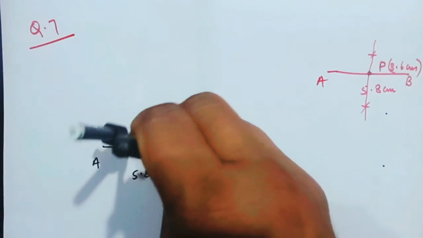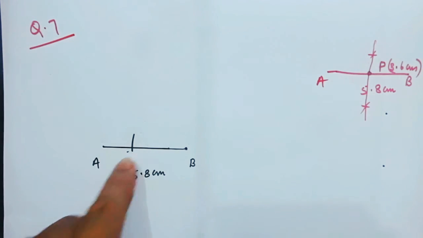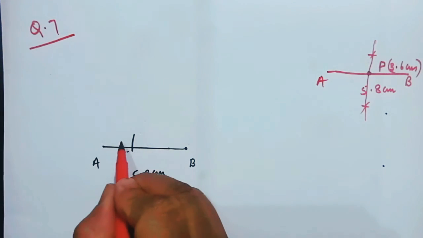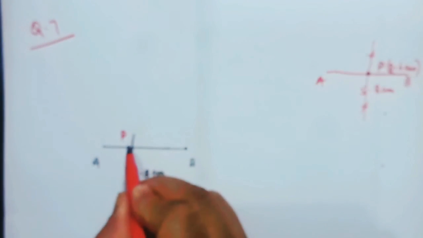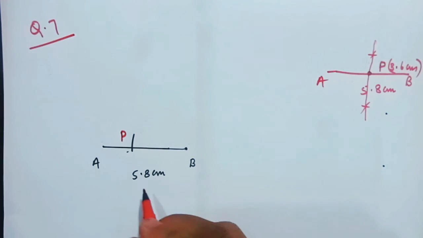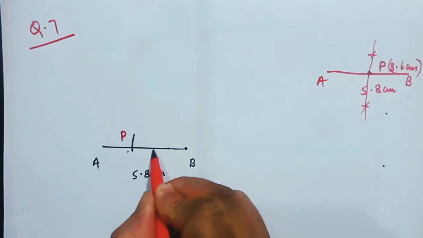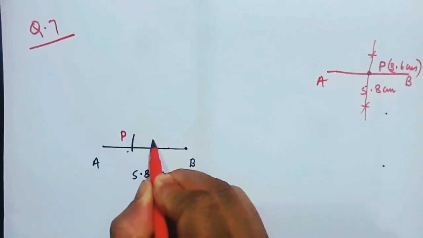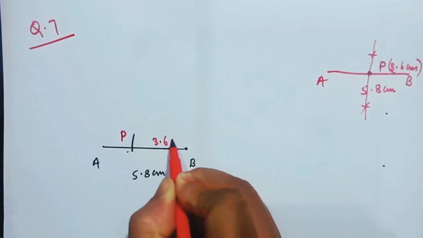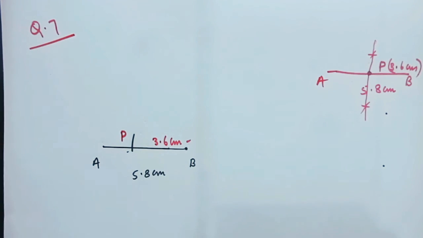This means the point P we are talking about, PB will be equal to 3.6 centimeter, and no one should have any doubt on this.